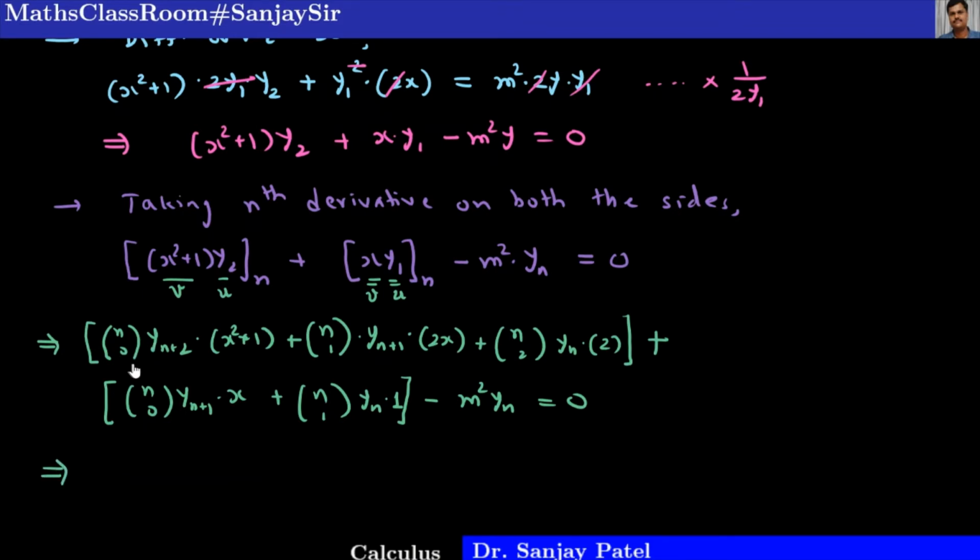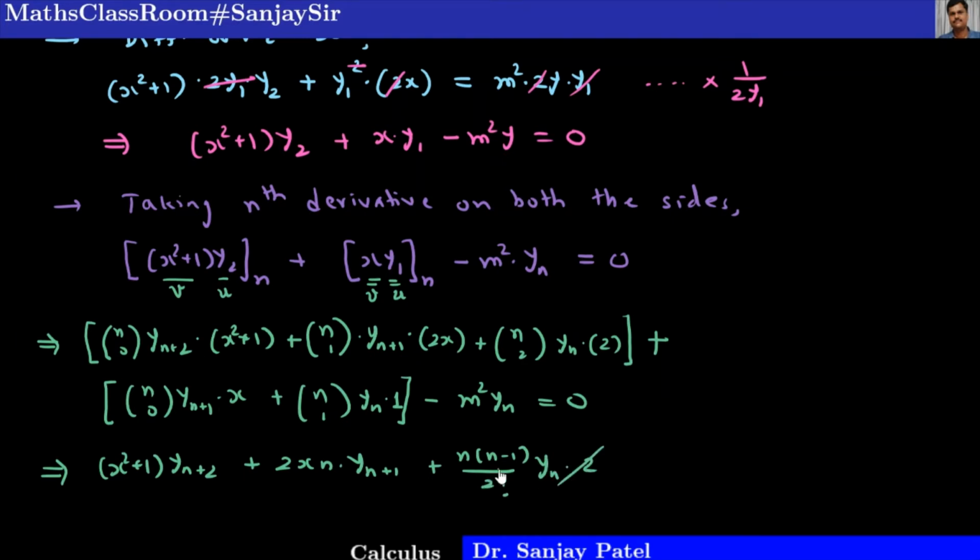Now let us simplify this. nc0 is 1, so yn plus 2 into x square plus 1, I will write like this, x square plus 1 times yn plus 2, plus nc1 is n and 2x, so 2x into n into yn plus 1, plus nc2, that is n into n minus 1 by 2 factorial into yn into 2.